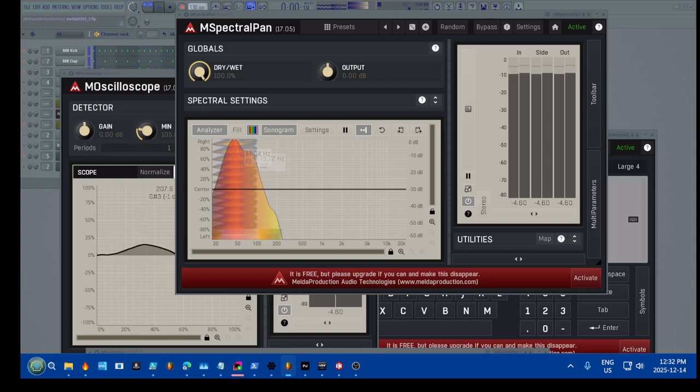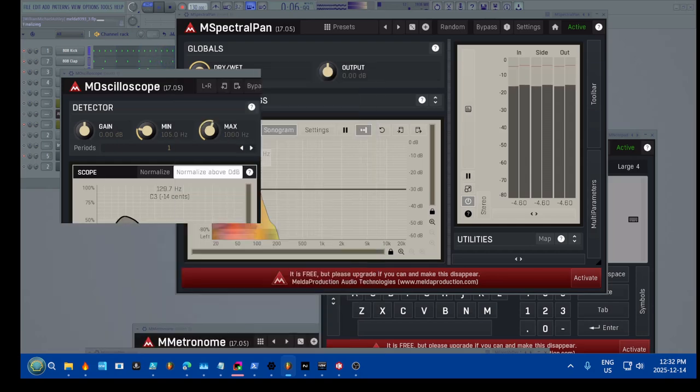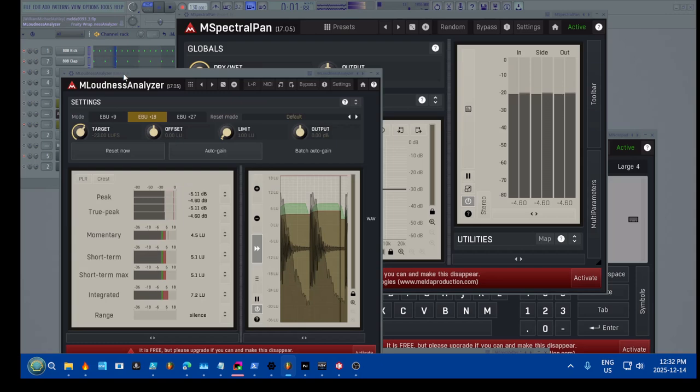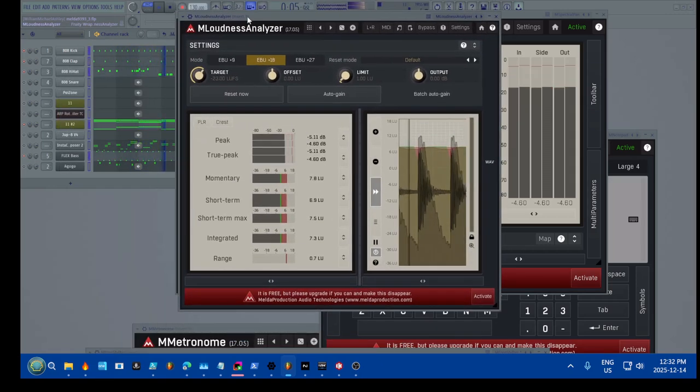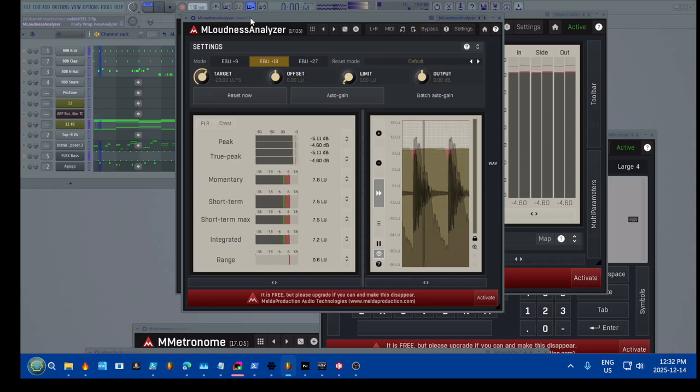What else is there? Analysis tools, the loudness plugin is pretty cool. The loudness analyzer is good and relatively low CPU.